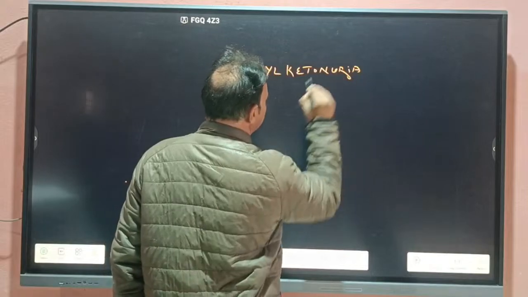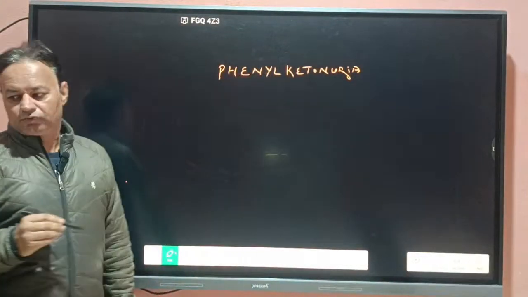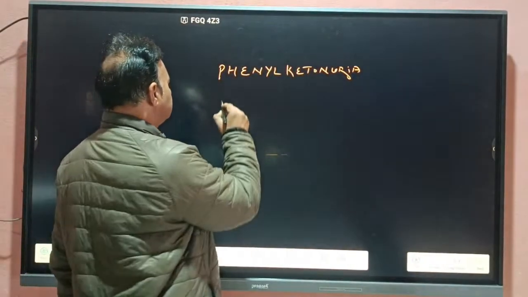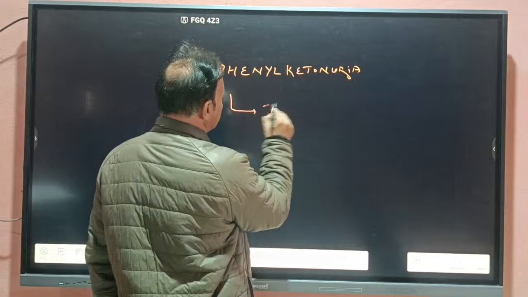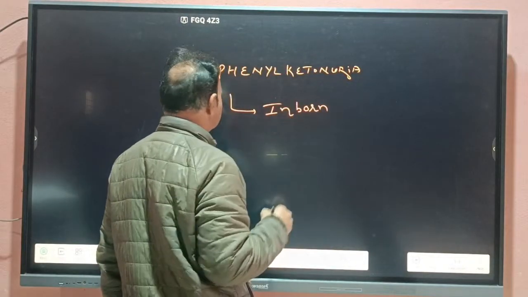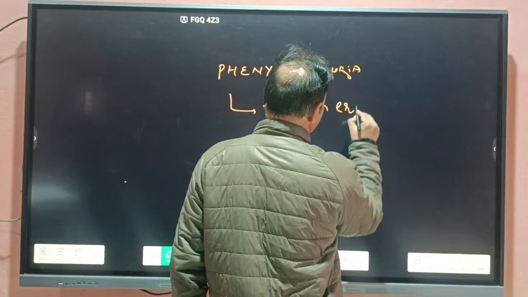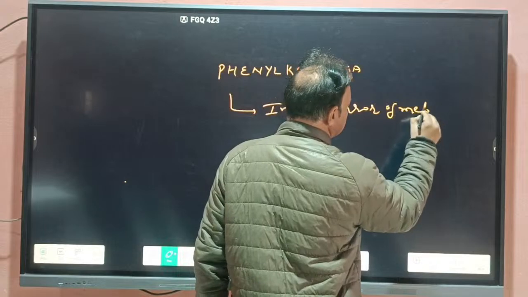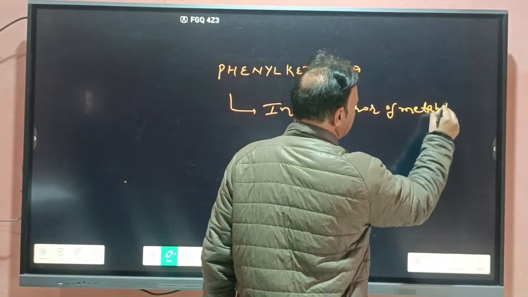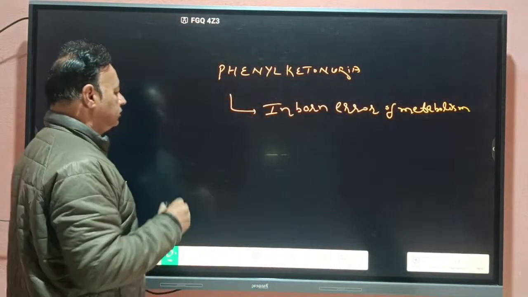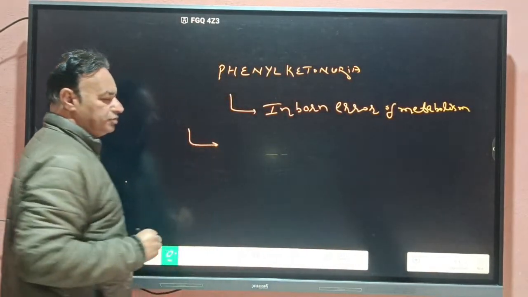What is phenylketonuria? It is an inborn error of metabolism. This disease comes under inborn error of metabolism.